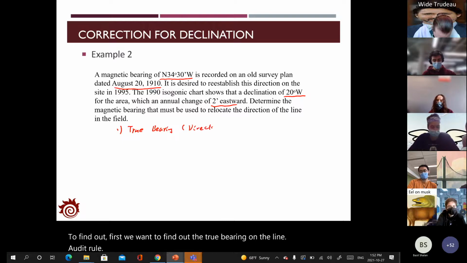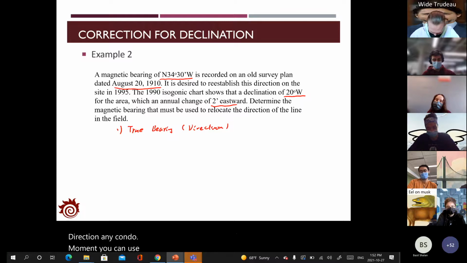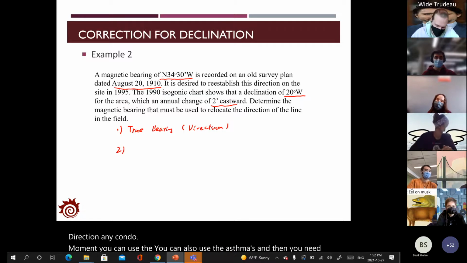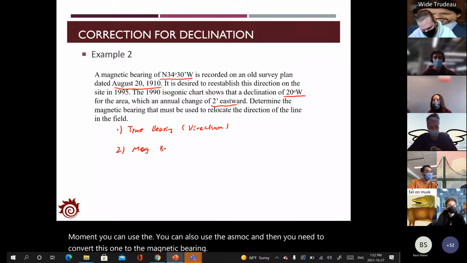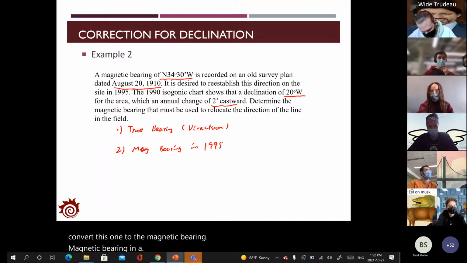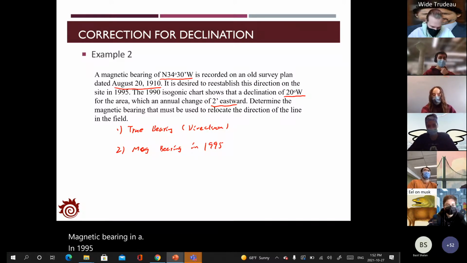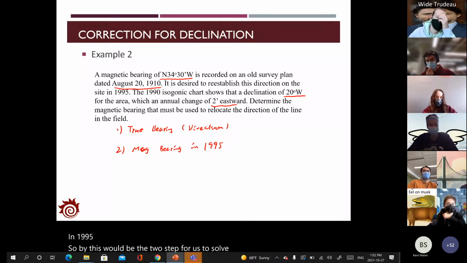For any kind of measurement, you can also use the azimuth. And then you need to convert this to the magnetic bearing in 1995. So these would be the two steps for us to solve this problem.